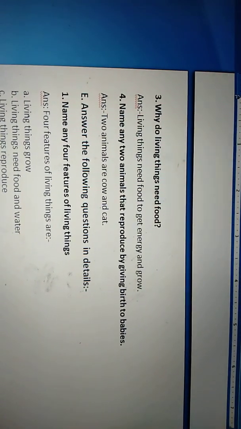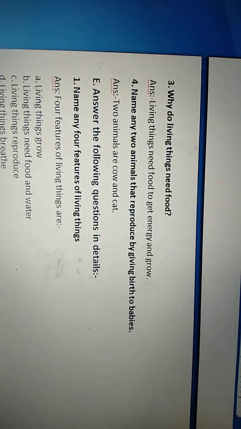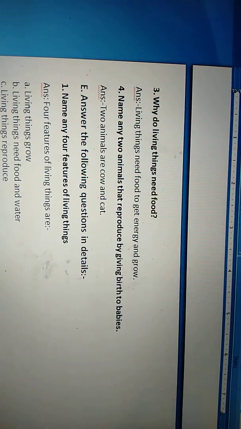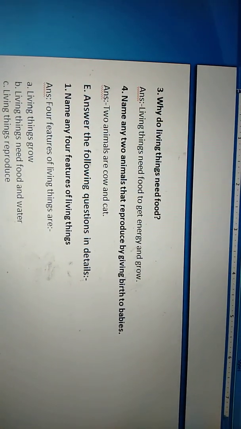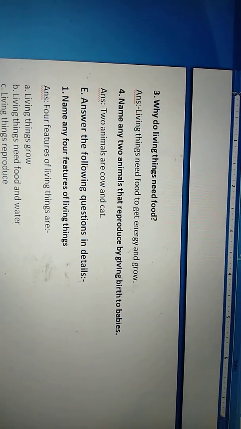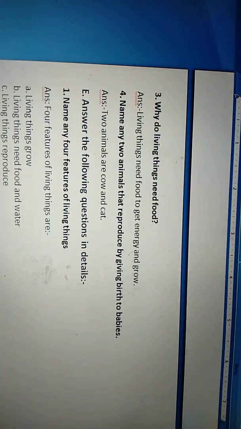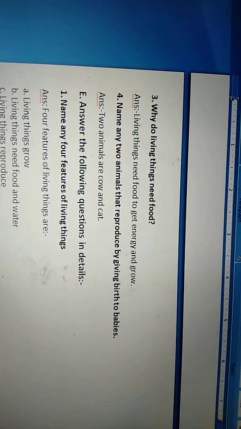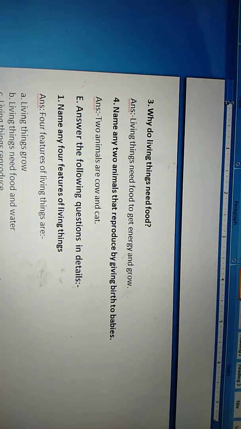Now, question number 4. Name any 2 animals that reproduce by giving birth to babies. So, you can write any animals that give birth to babies. I have written the answer: 2 animals are cow and cat.